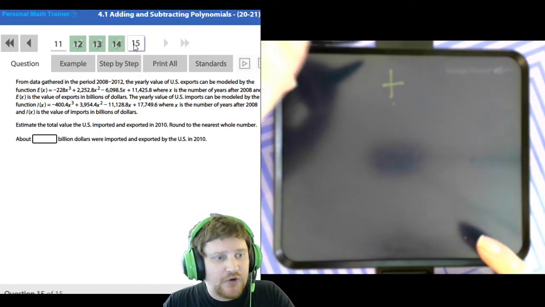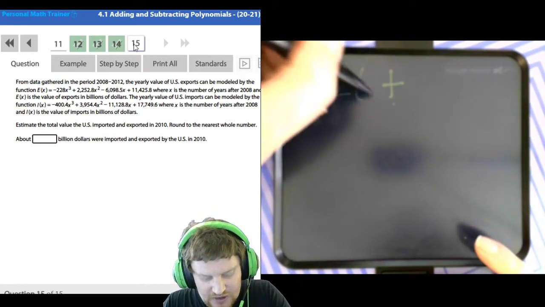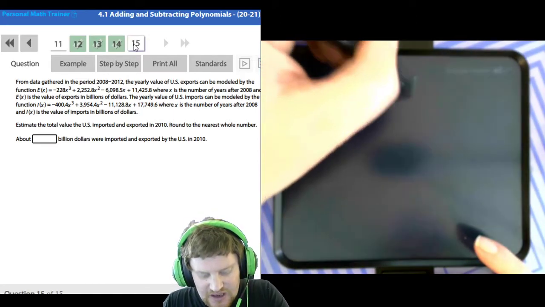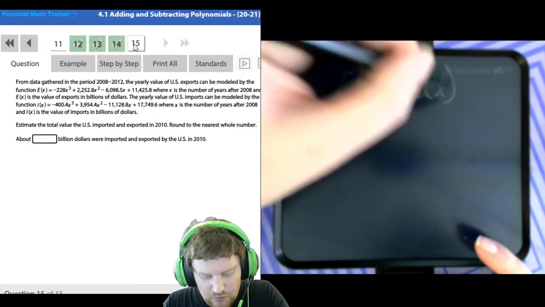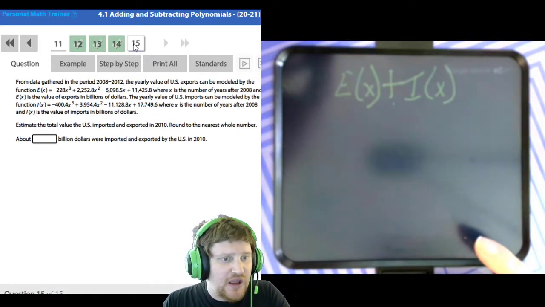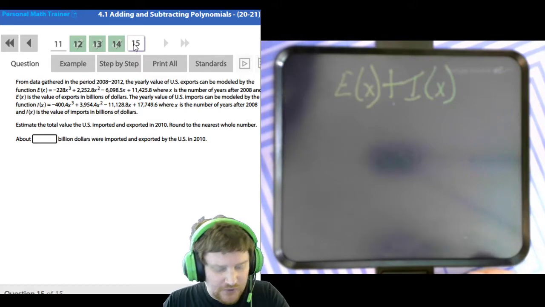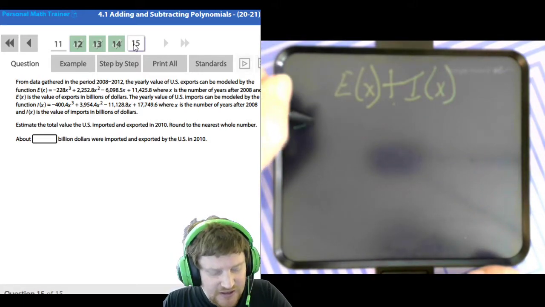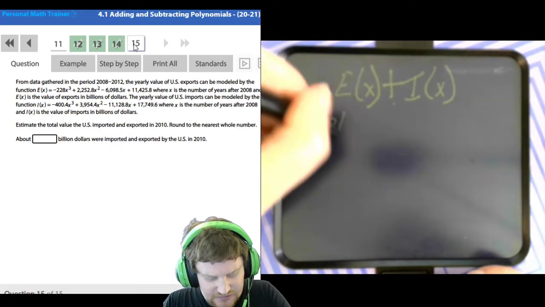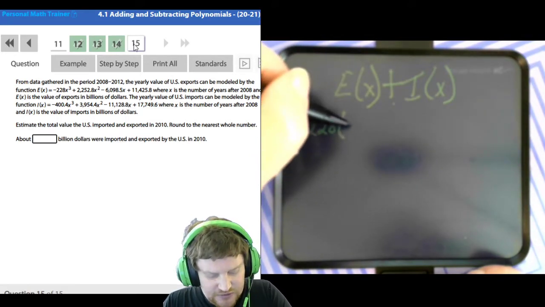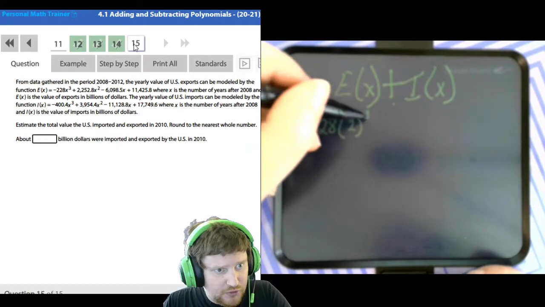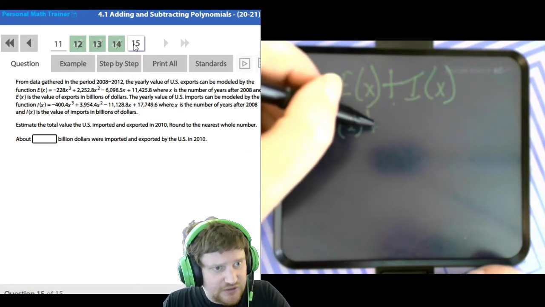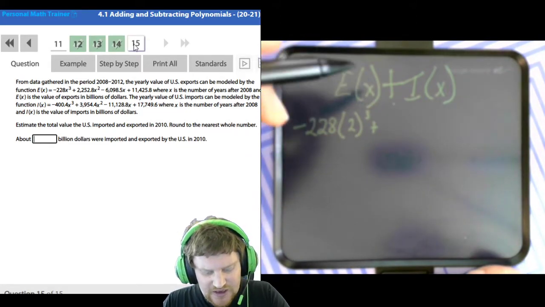So, effectively what we're doing is E of x, which is our exports, plus I of x, which is our imports, and x is years after 2008, which in this case is 2. Let's just do the E and the I separately.